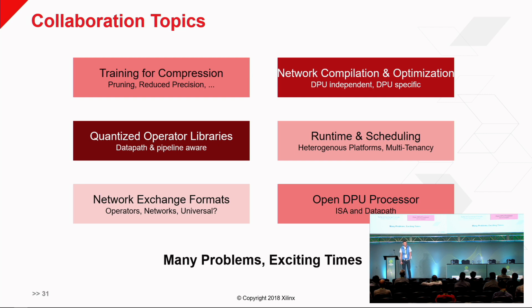Right-hand side, network compilation and optimization. There's clearly, and I think TVM really talks about that well, there is I think it was called NNVM. So there's processor or implementation independent optimization. That's graph optimizations and so on. And then there's processor dependent optimization, which typically is more about memory spaces and so on.